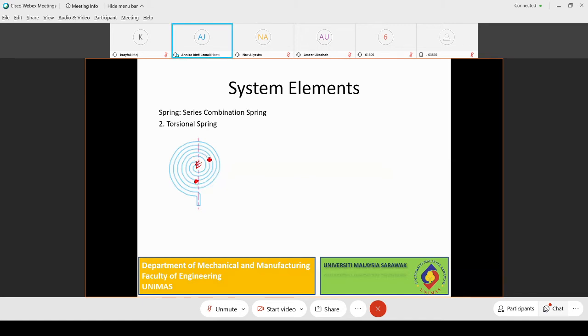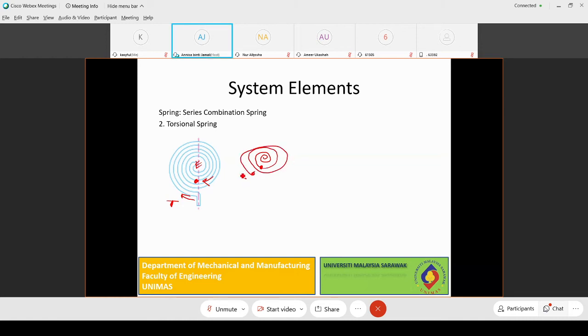Let's say we have a torque given here, T. So of course over here also the same value is given in the same direction. This is the first spring, then this is the second spring.